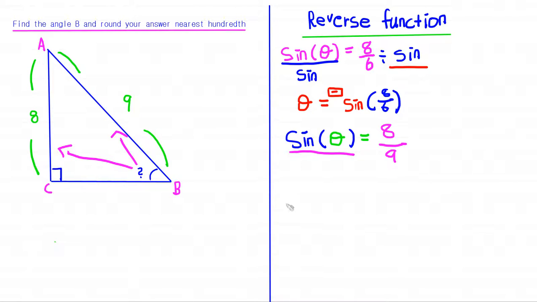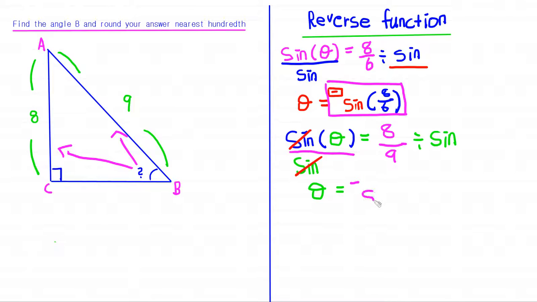As we did before, we apply the reverse of sine to both sides. On the left side, the sine will cancel out and only theta will be left, and it will be equal to the reverse sine of 8 over 9.